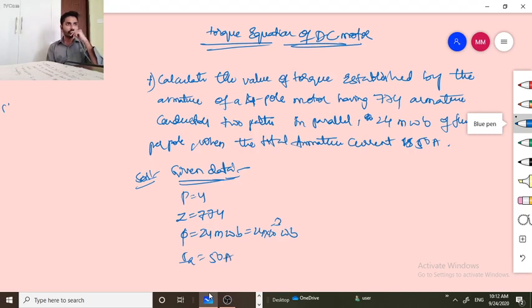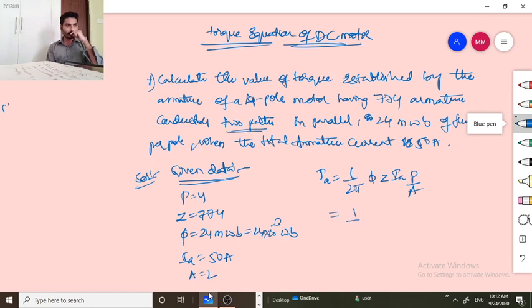Okay, so we need to calculate the torque. So armature torque is equal to 1 by 2 pi Z Ia into P by A. So this is the expression. Here A is given as 2.